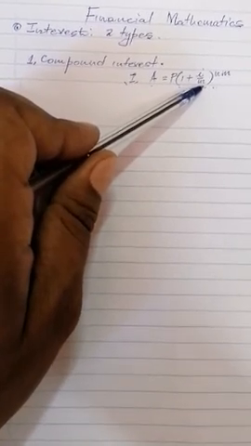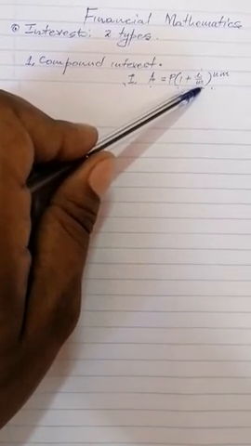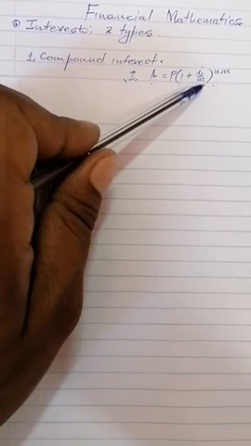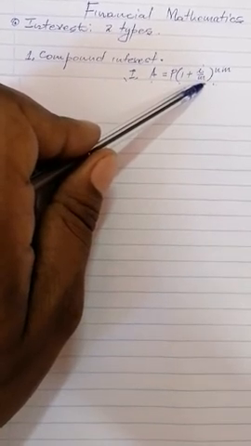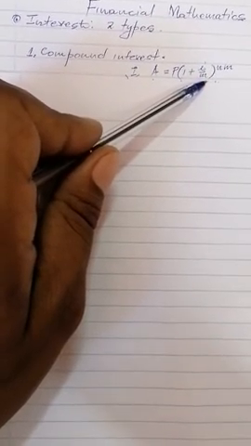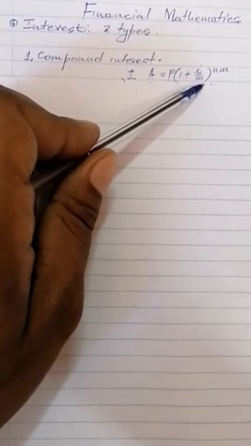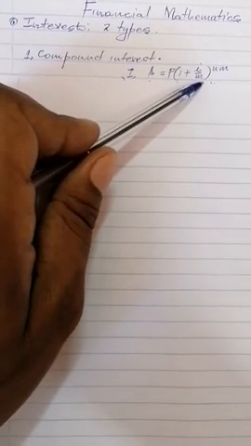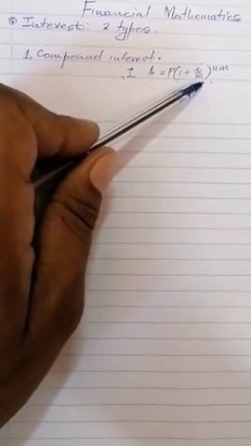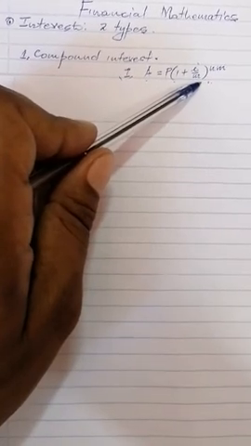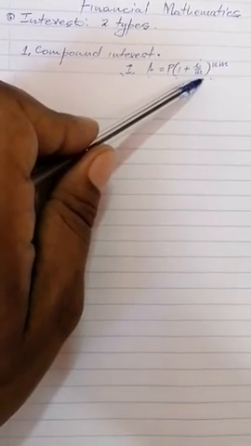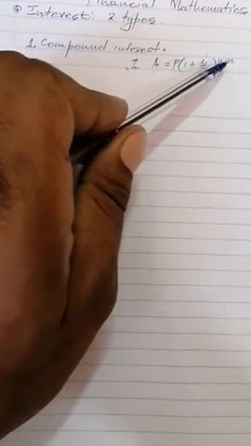If it is compounded monthly, it means M would be 12. If it is compounded quarterly, it means M would be 4. If it is compounded daily, M would be 365. Now, the M here is exactly the same as that M.